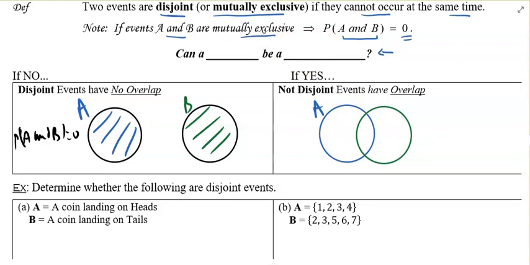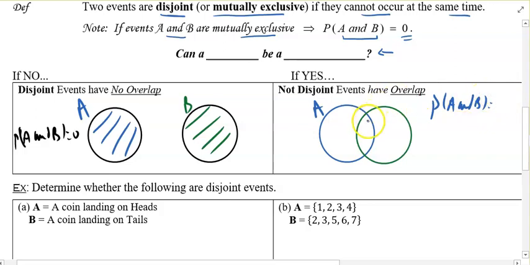If I say, what's the probability of A and B, well, that would be this part. That doesn't equal 0. Right?